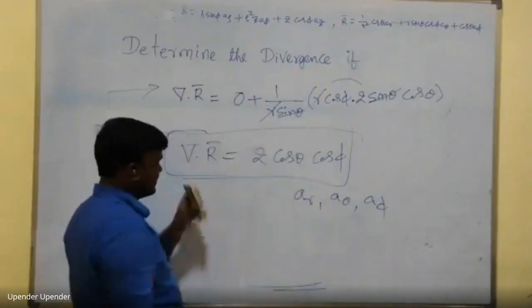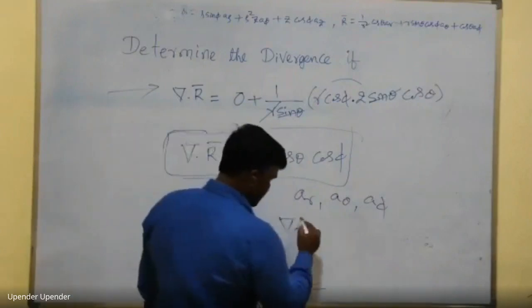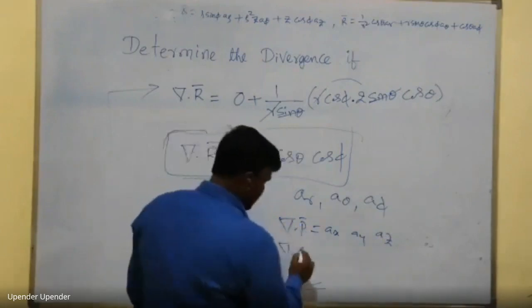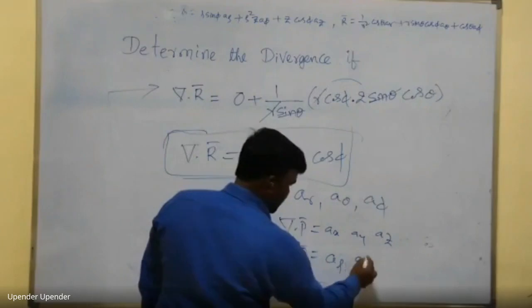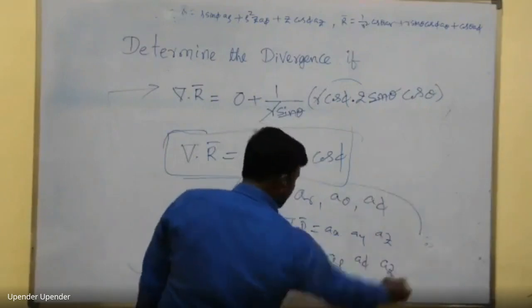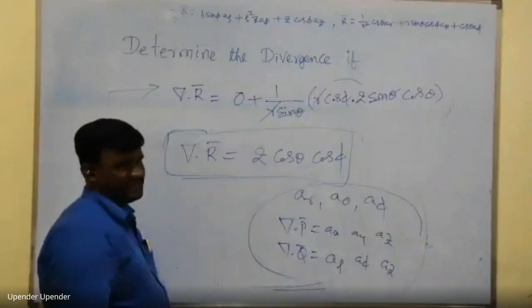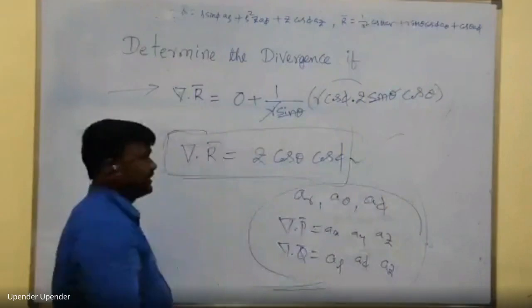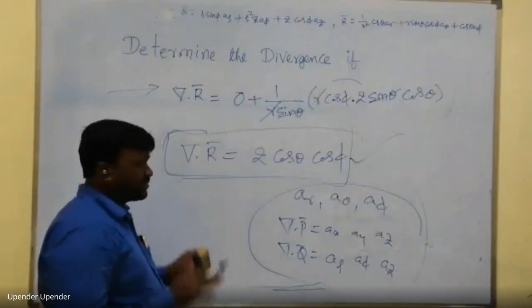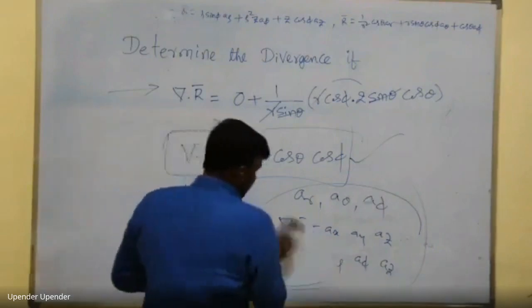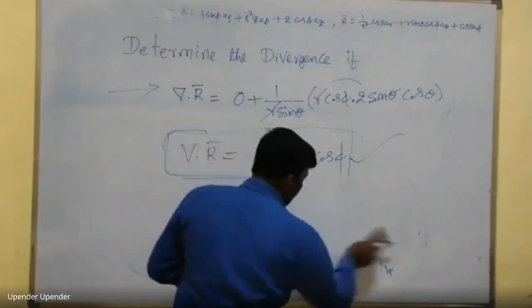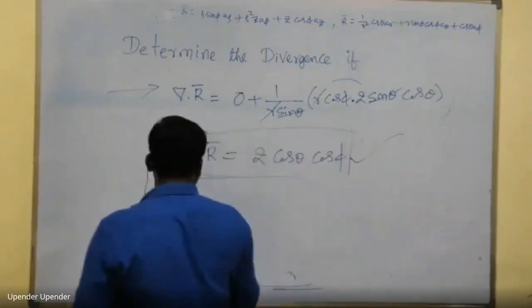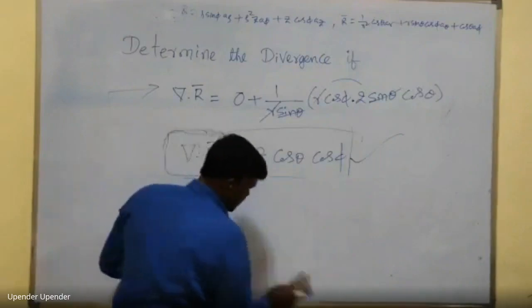That means after calculation of del dot R bar, there is no A X, A Y, A Z component in case of Cartesian, and no A rho, A phi, A Z components in the final result of the divergence calculation. It means it is a scalar function. We can conclude that divergence of any vector is a scalar function.